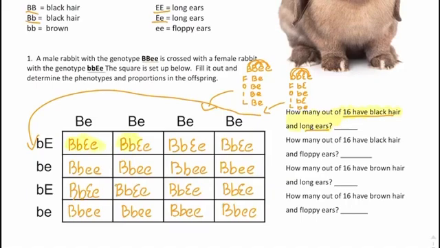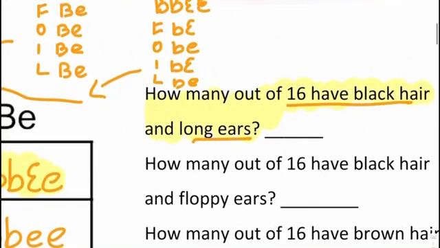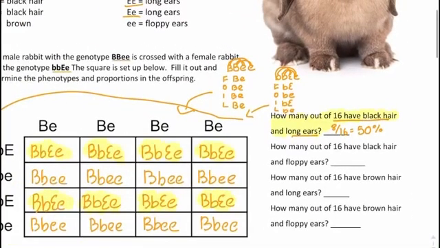The first one has black hair and long ears, and the same goes for that whole row, and for the third row. So that is going to be 8 out of 16, or 50%, that will have black hair and long ears.